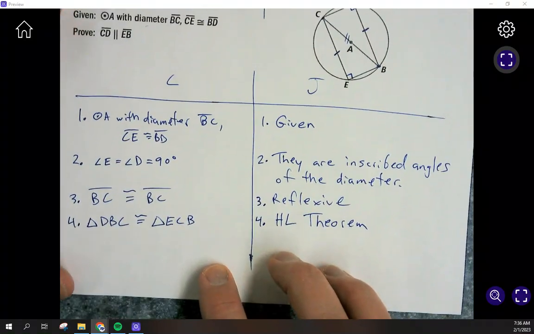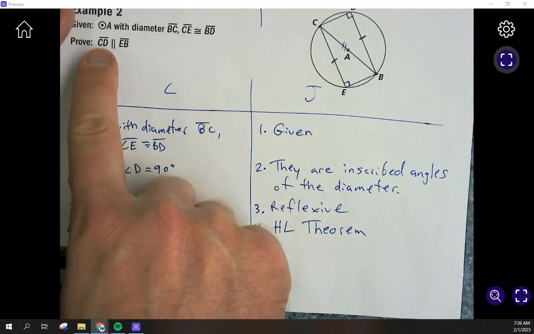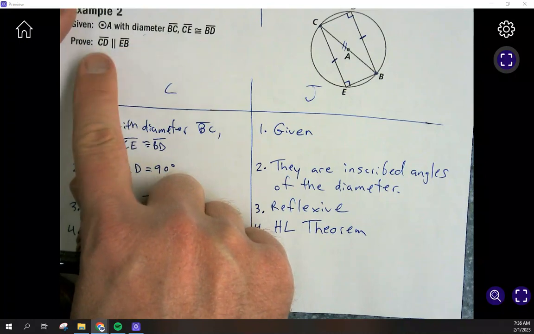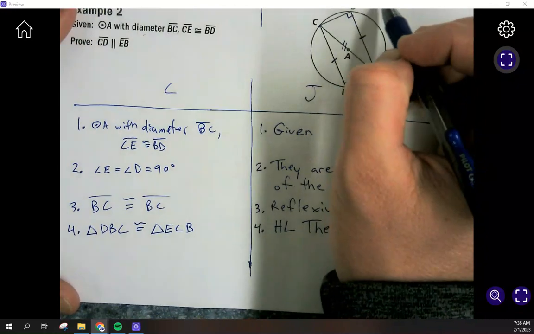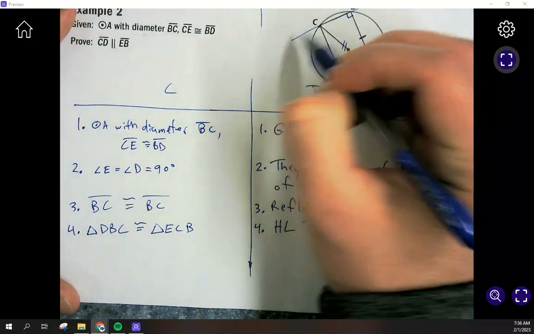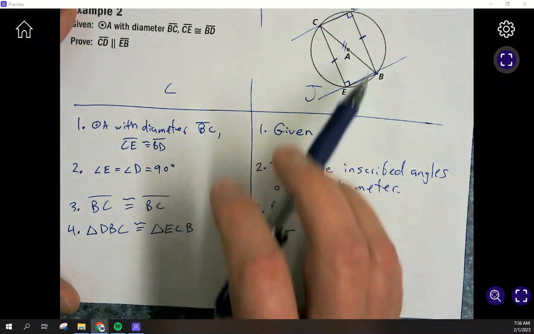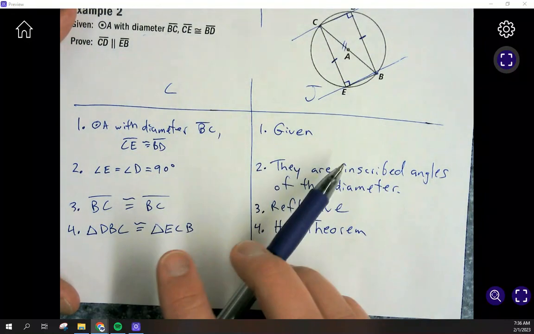Now from that information, I can say any of their corresponding parts are equal. So in order to make these lines parallel, I need to prove alternate interior angles or something along those lines are equal. So these are the lines I'm looking at. CD and EB. So they're being cut by these lines CE and DB, right?